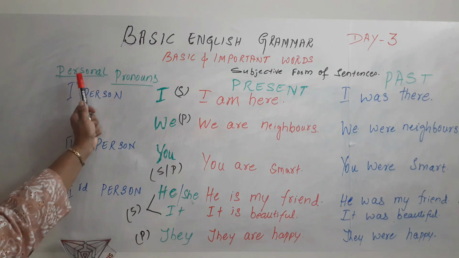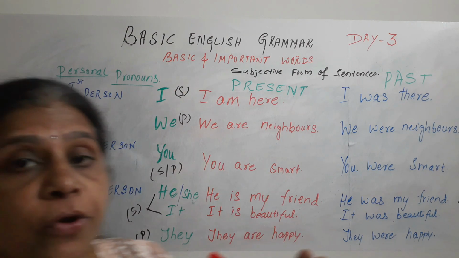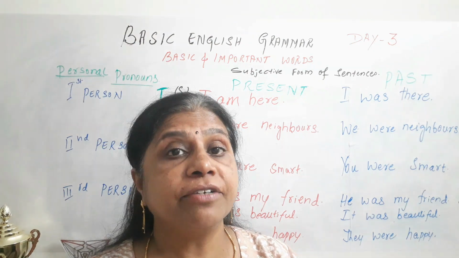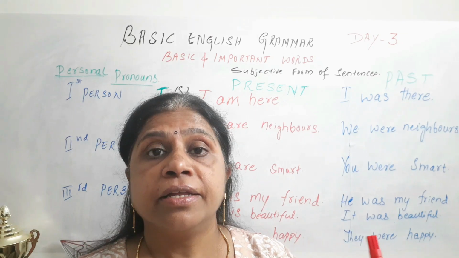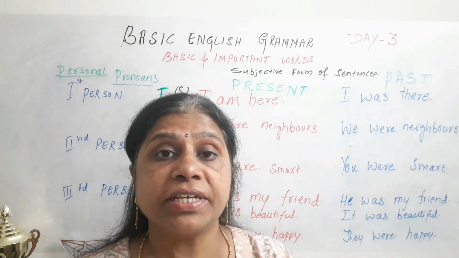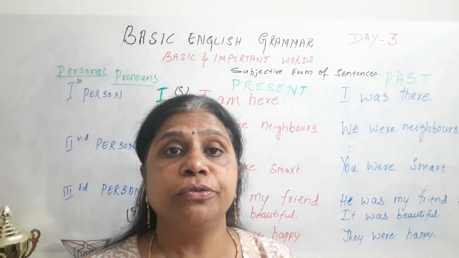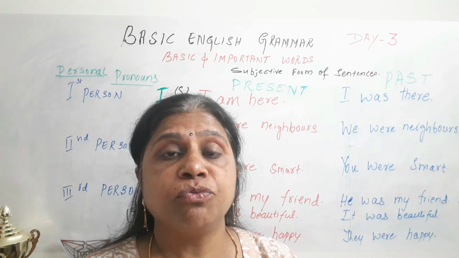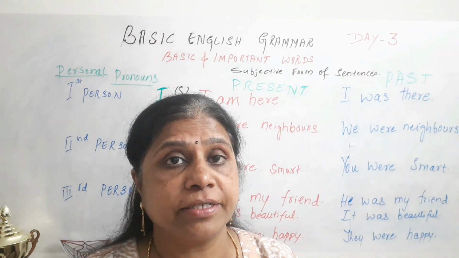That's why they are called personal pronouns. A pronoun is the word which we use instead of a noun. A noun is the name of the person, and instead of the name, we use these words. They are called pronouns.